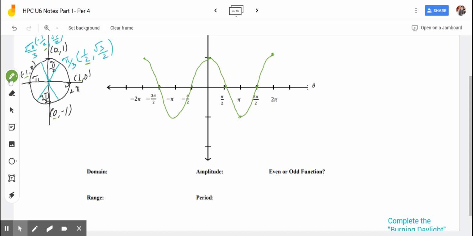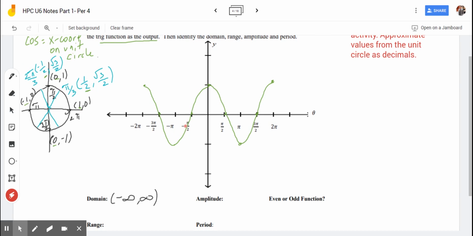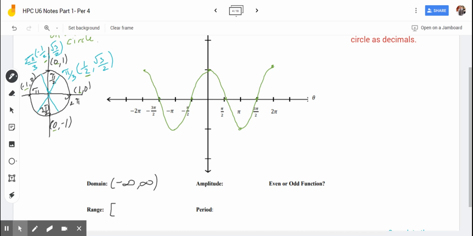All right, so key characteristics. The domain, just like with sine, the parent function's domain for cosine is negative infinity to infinity. The reason is because I could plug in any radian value I want for my input and I'm going to get an output. The range is restricted because it oscillates from 1 to -1 and then back up, so our range is -1 to 1, closed brackets on both sides, because it can equal it.